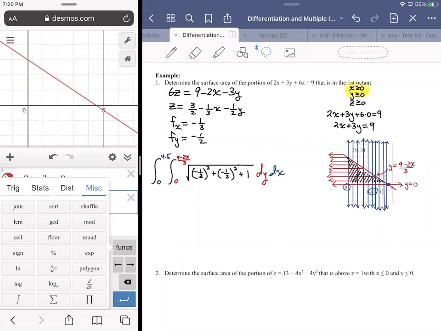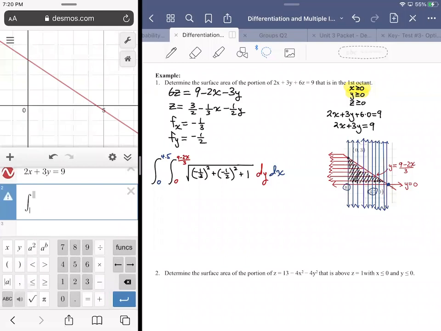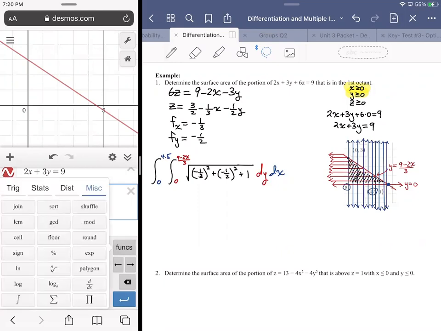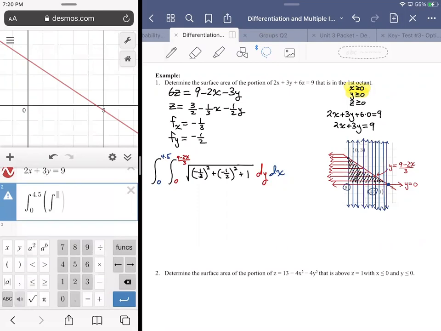So since we're dealing with a constant function, we could actually do the double integral all in one shot here. Right? So if I were to go from 0 to 4.5, open paren, and then open another integral and go from 0, you know what?